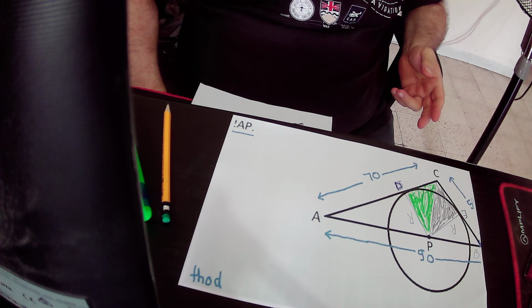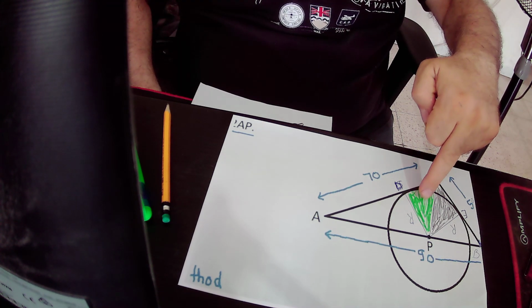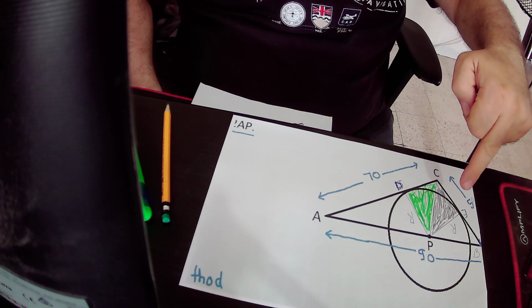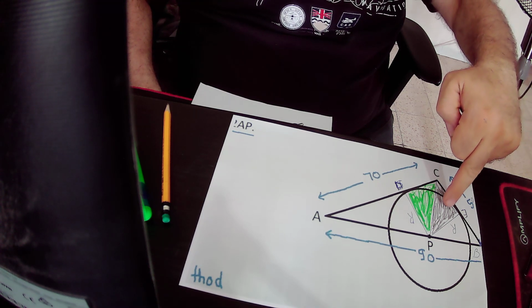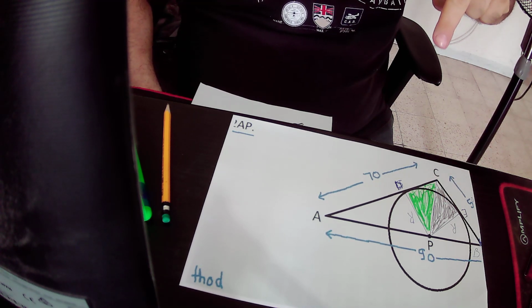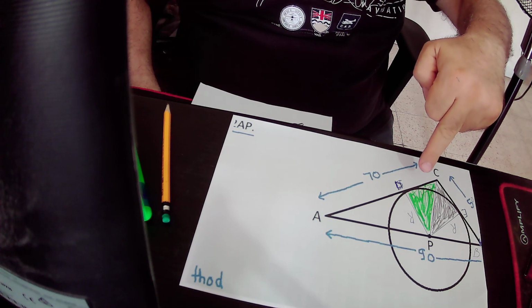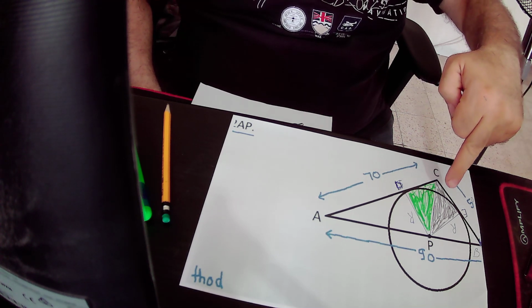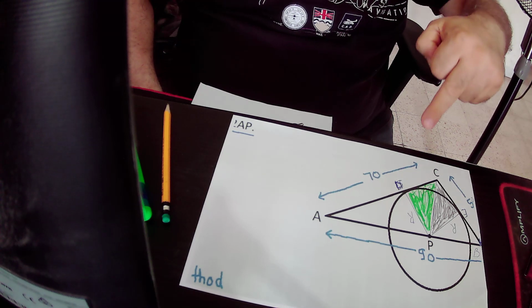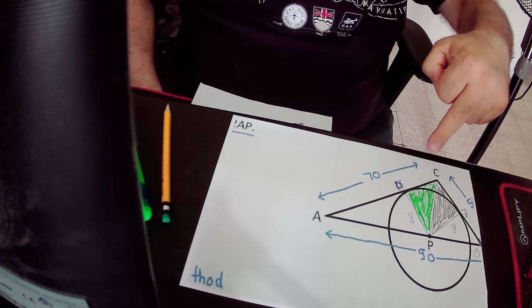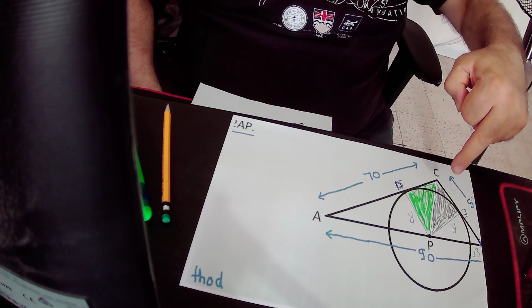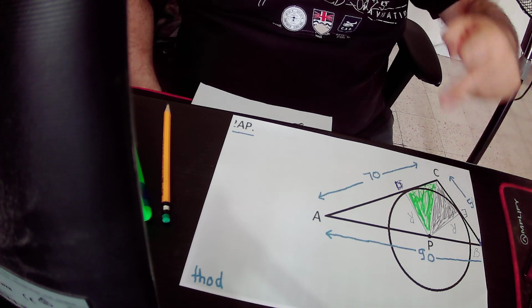Therefore, the green triangle overlaps the black triangle.